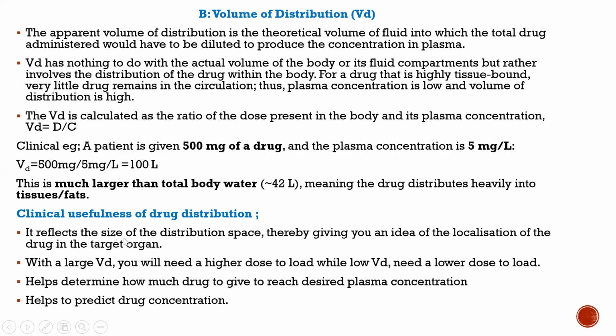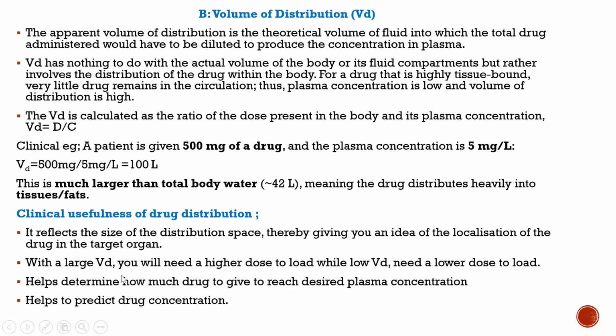So what are the clinical uses or advantages of this drug distribution? It reflects the size of the distribution space, thereby giving you an idea of the localization of the drug in the target organ. So with a large volume of distribution, you will need a higher dose to load, while a low volume of distribution needs a lower dose to load.